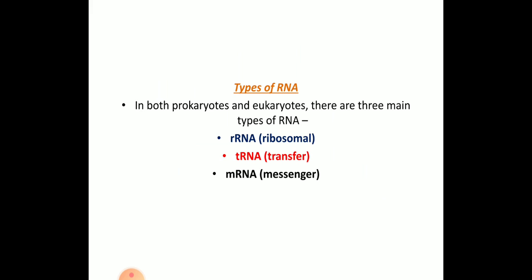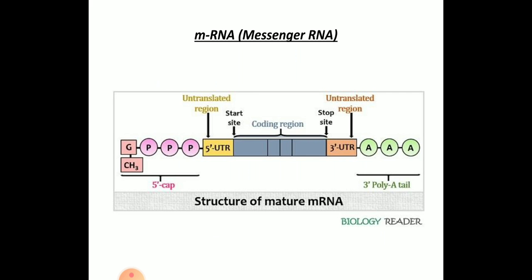As I said, there are three different types: rRNA, tRNA and mRNA, that is ribosomal RNA, transfer RNA and messenger RNA. Let's begin with the mRNA structure. As you can see in the picture, the mRNA looks like a linear strand and has two ends, namely the 5' end and the 3' end.